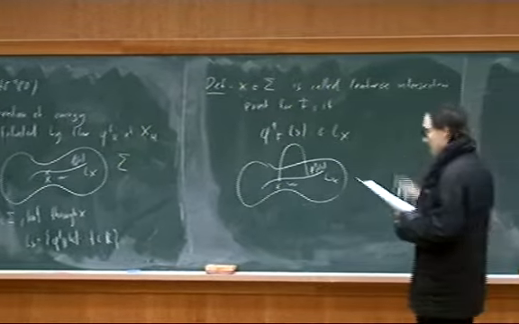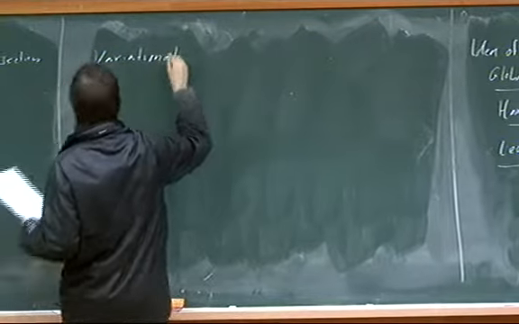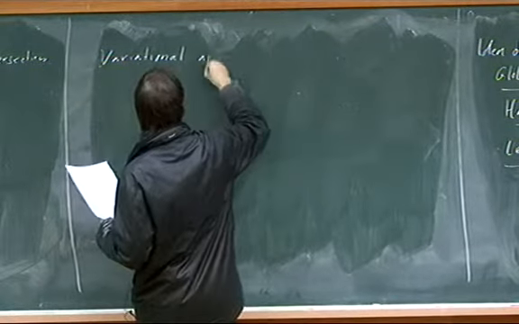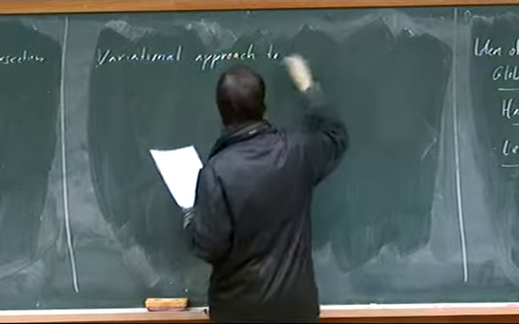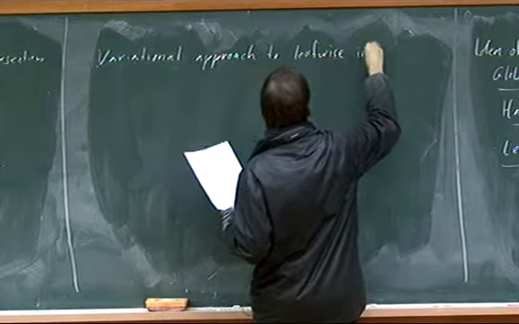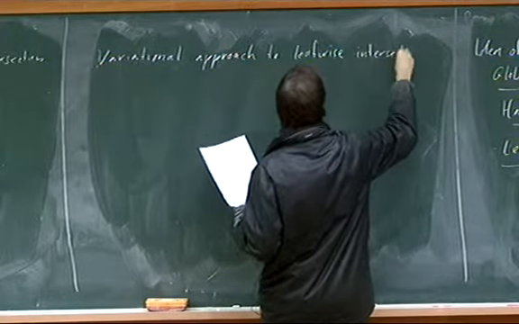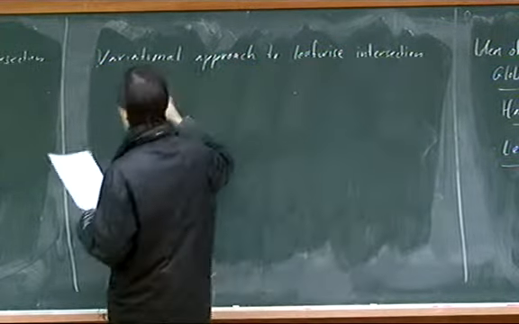So that's leafwise intersection points, and now there is a variational approach to leafwise intersection points via the Rabinowitz action functional.